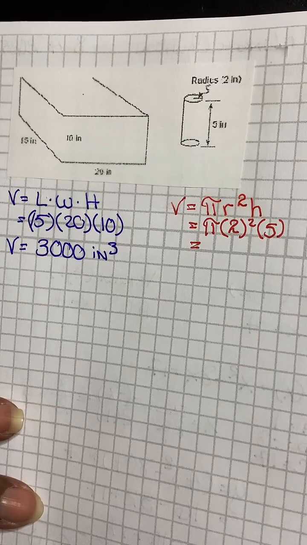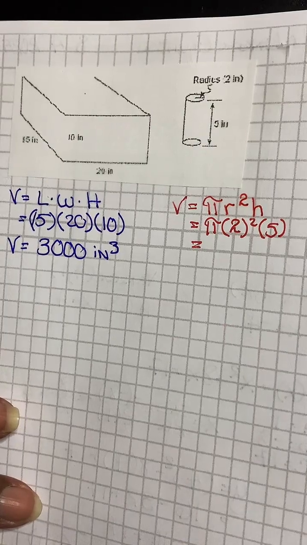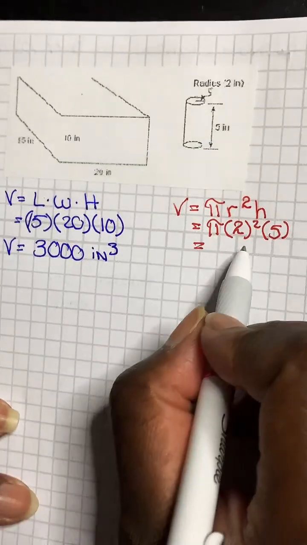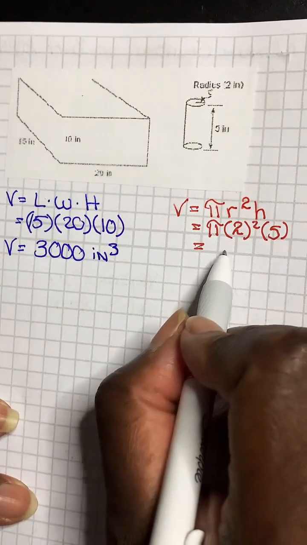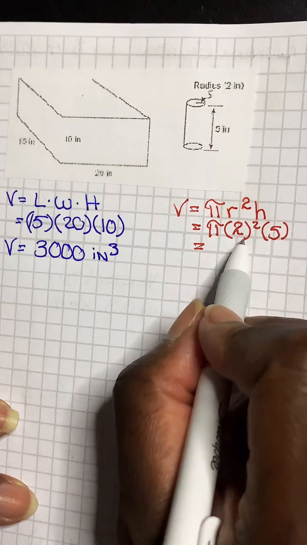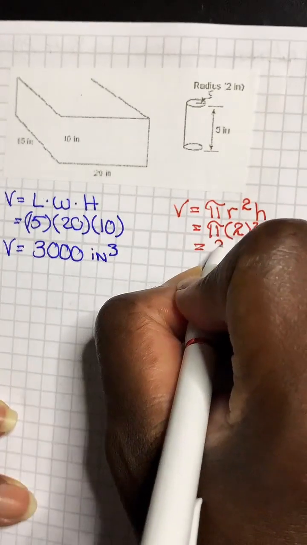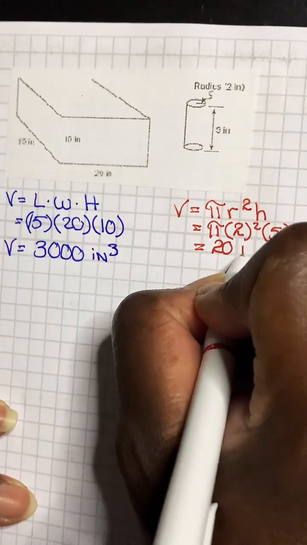Since they're looking for whole cups, I think we're going to have to do some kind of approximation. If I left it in terms of pi, 2 squared gives me 4. 4 times 5 gives me 20, so we got 20 pi.